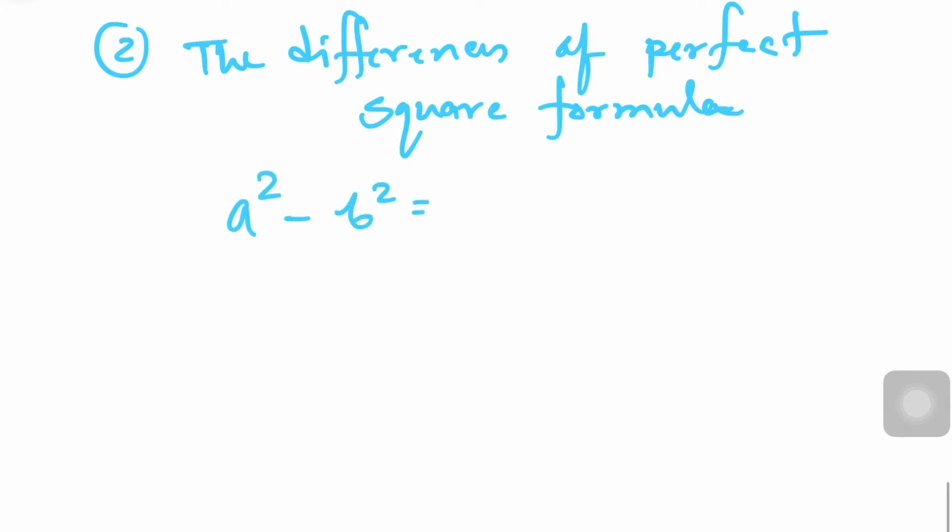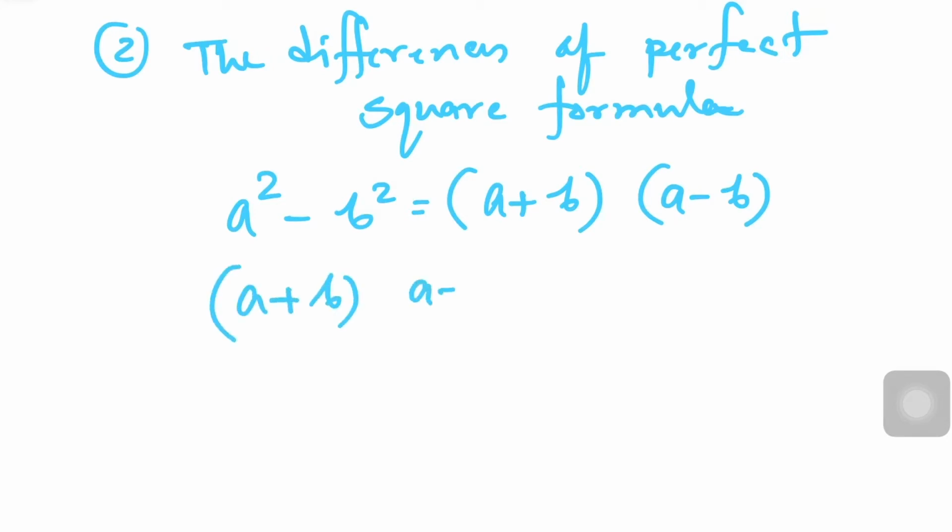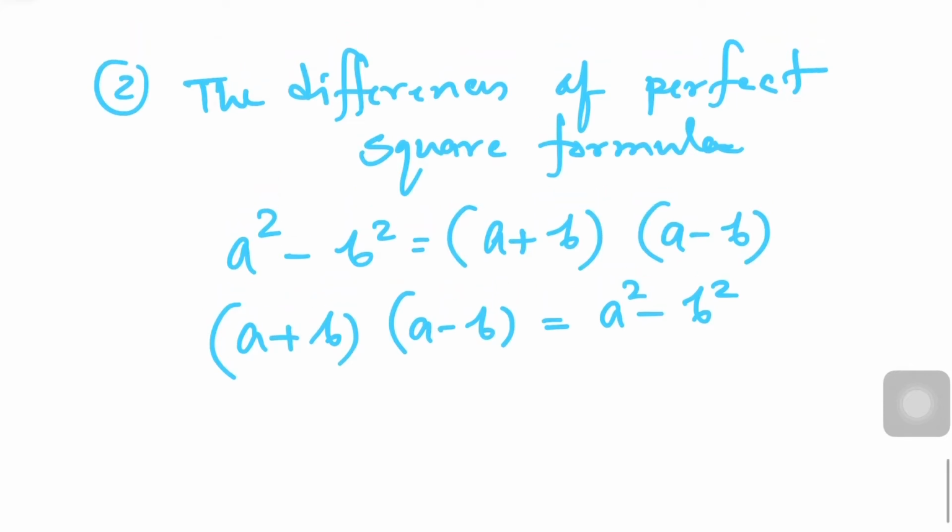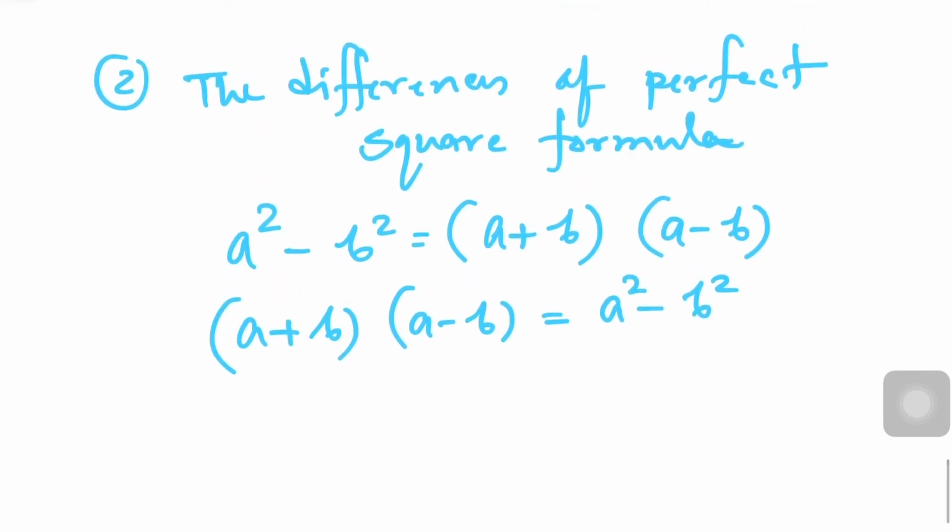So the differences of perfect square formula says if you have a square minus b square, you can write this as a plus b times a minus b. Okay. Or if you have a plus b times a minus b, you can write a square minus b square.